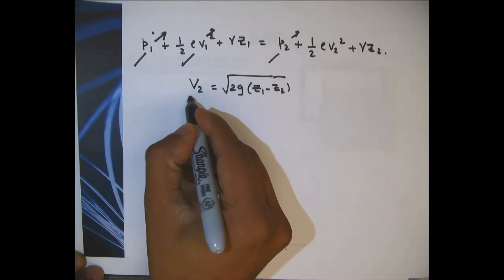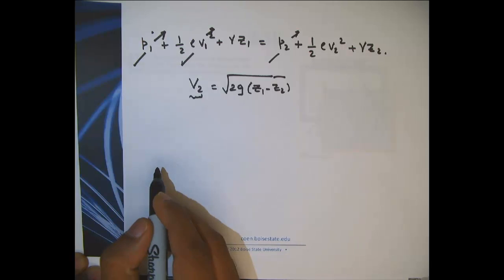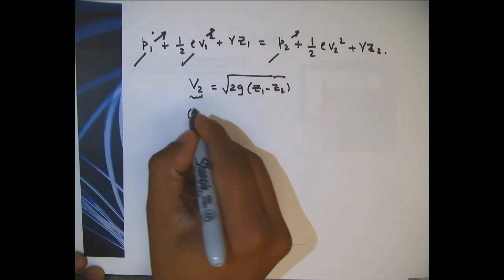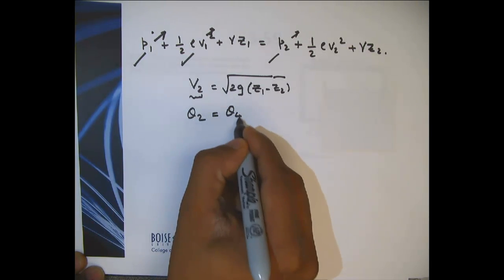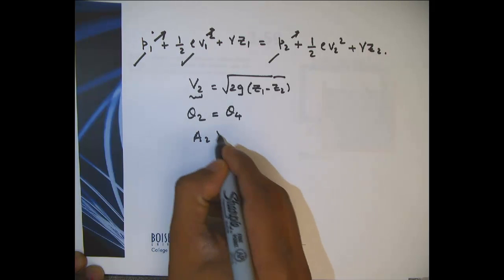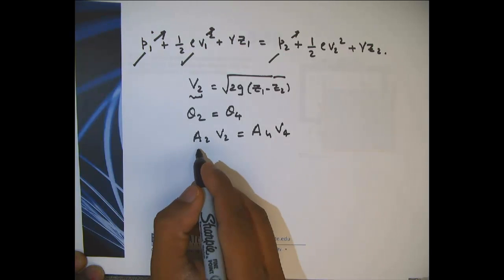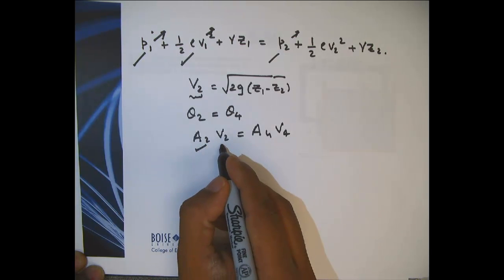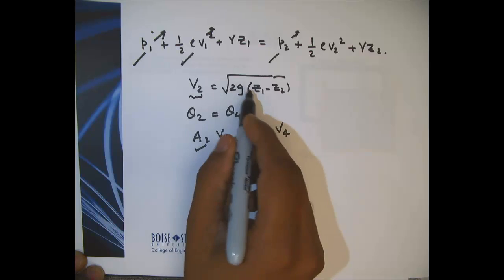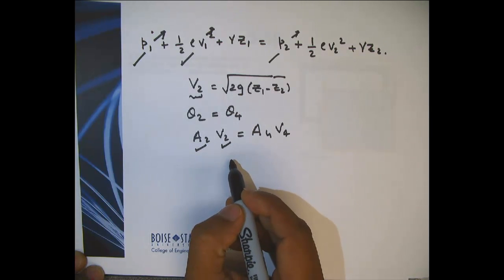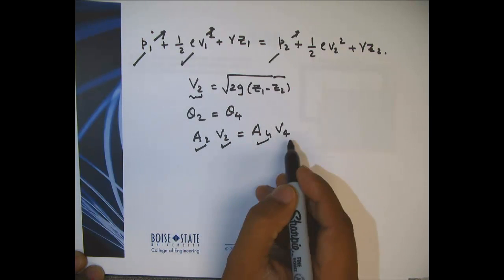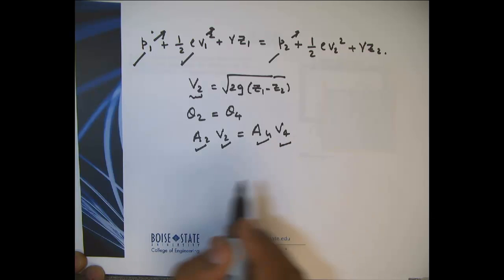However, we don't know V2, right? However, we know that Q2 is Q4. That would mean A2 V2 equals A4 V4. So we know A2. We can substitute V2, which will have only one unknown, which is HA. We know A4 and we know V4, which we computed earlier.